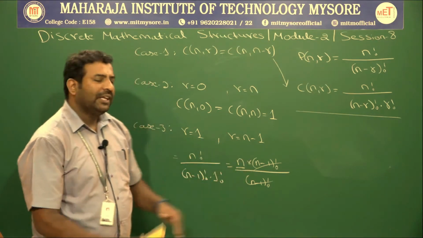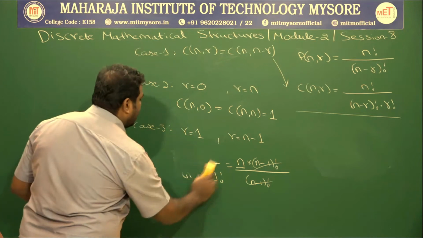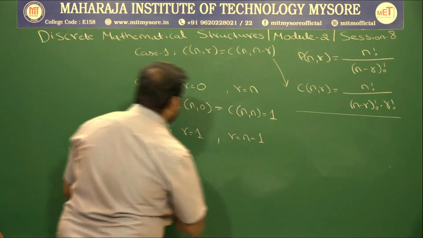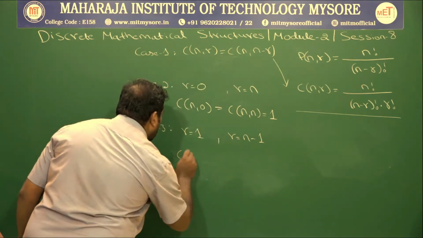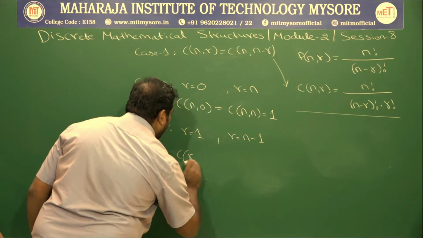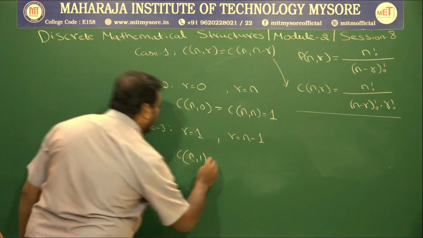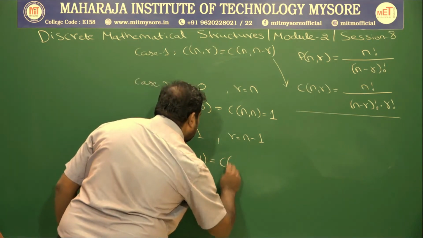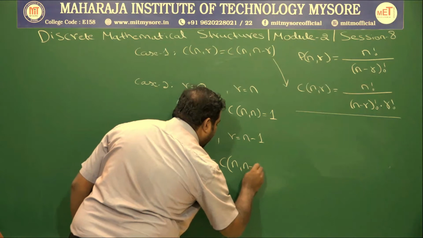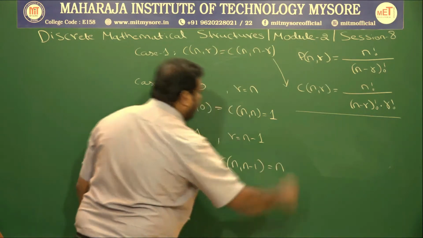Again I am going to end with the same case. Hence in case 3, we are going to have C(n, 1), which is equivalent to C(n, n minus 1), which is equivalent to n.